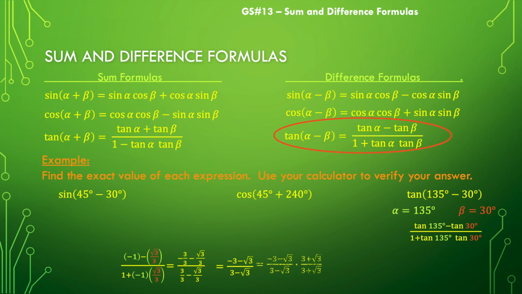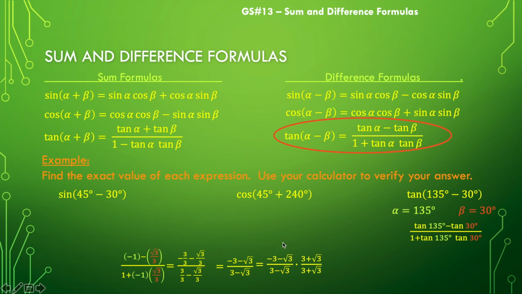Remember that what we would do here is multiply by the conjugate of the denominator, and by doing that, we're going to get rid of the radical in the denominator. 3 times 3 is 9. 3 times the square root of 3 is 3 rad 3. Negative rad 3 times 3 is negative 3 rad 3, and so those will cancel. And then in the back, we would have -3.